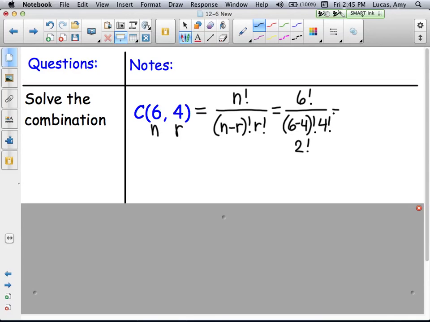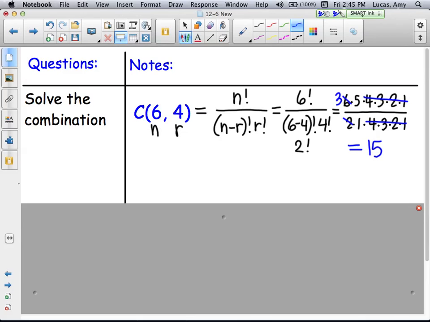So if I expand this one, 6, 5, 4, 3, 2, 1. And then 2 factorial is 2 times 1. 4 factorial though, 4 times 3 times 2 times 1. So these cancel out, and then I can reduce 6 divided by 2 is 3. So what happens here is I'm left with 3 times 5 or 15.